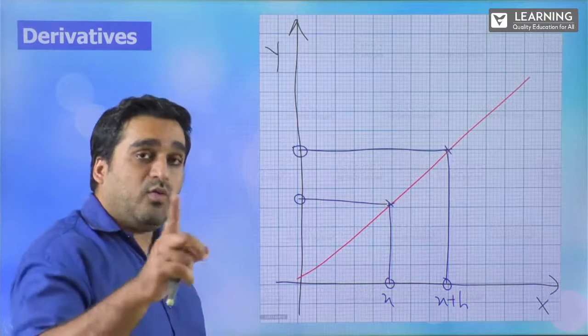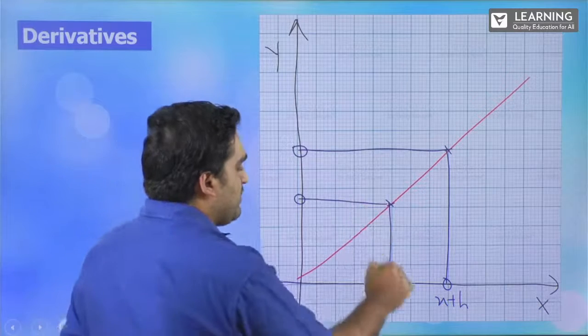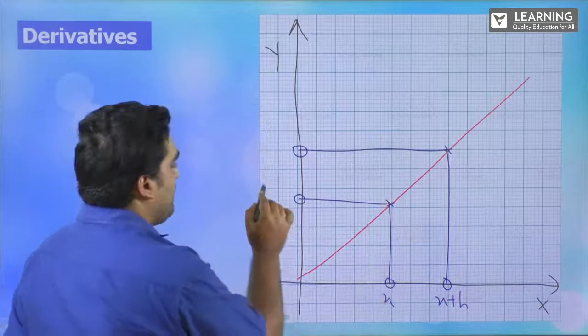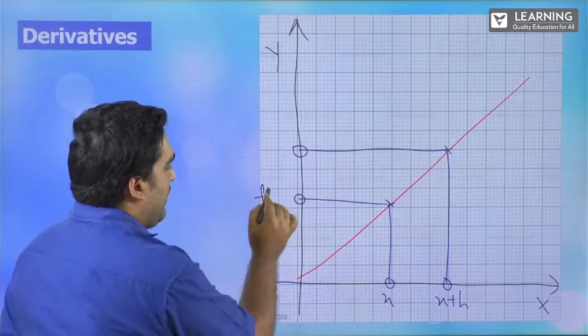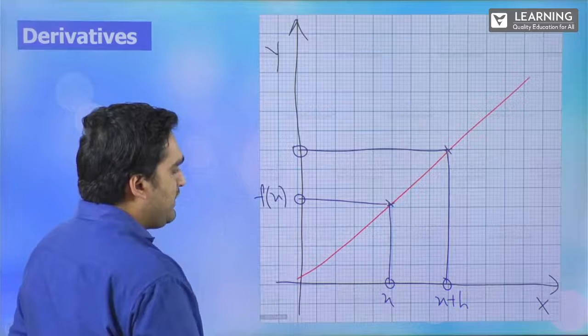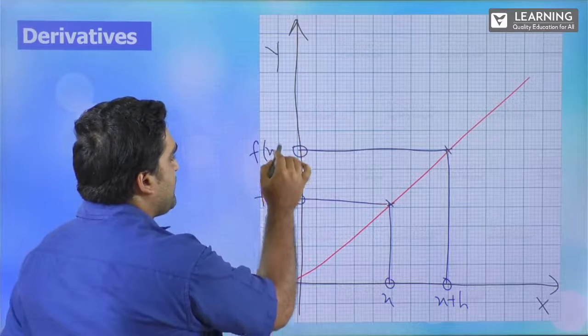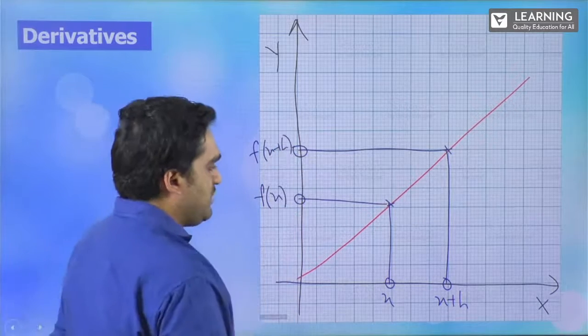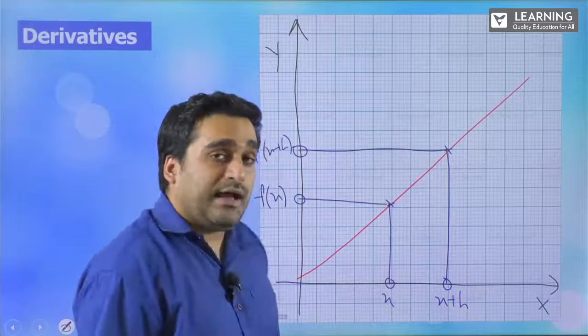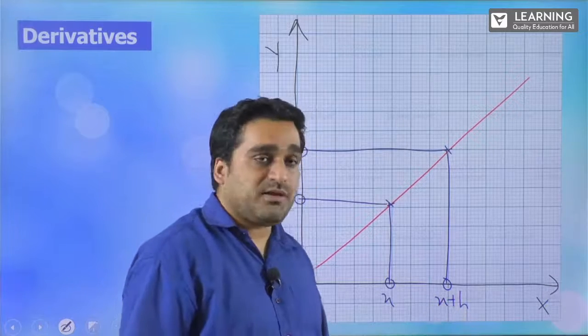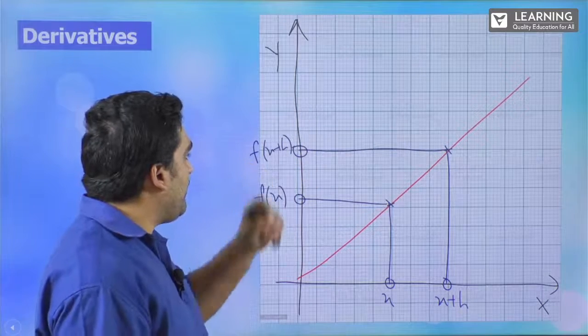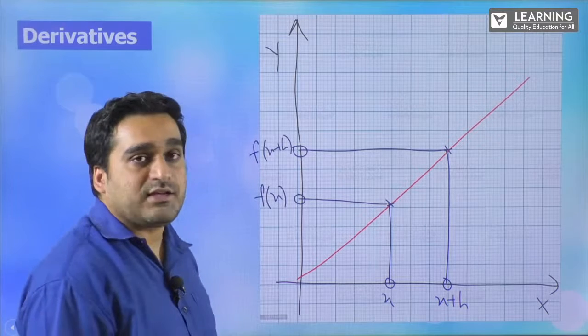Now, we know y is a function of x. So at this particular location, we can write y as a function of x. And at this position, we can write y as a function of x plus h. Since at this point you have x plus h, y will be f of x plus h.